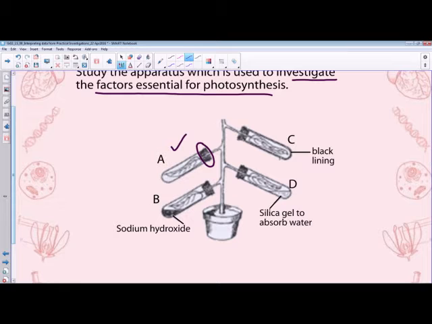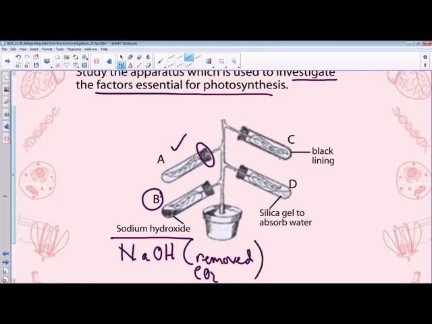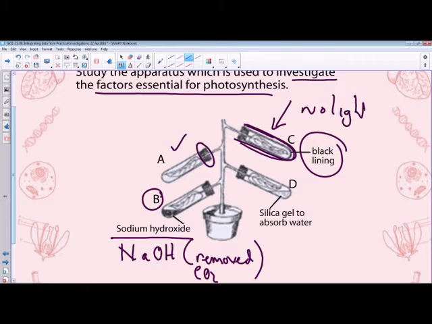In test tube B, we've got a leaf, and in that sodium hydroxide, NaOH, and remember that NaOH removes the carbon dioxide. Here we've got black lining on the external surface. So this leaf is enclosed in a test tube which is coated with the black lining, and hence if we think about it, it means no light is going to enter that test tube.